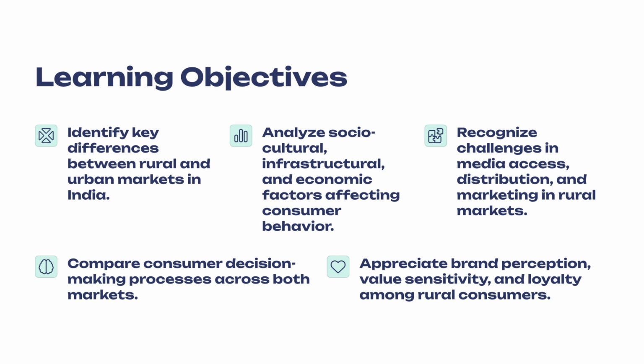Compare the nature of consumer decision making and how products are used in rural versus urban contexts. Appreciate the significance of brand perception, value sensitivity and loyalty among rural consumers.